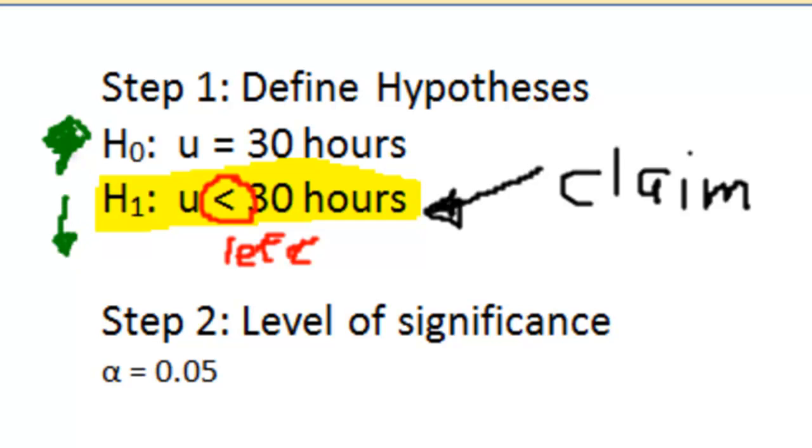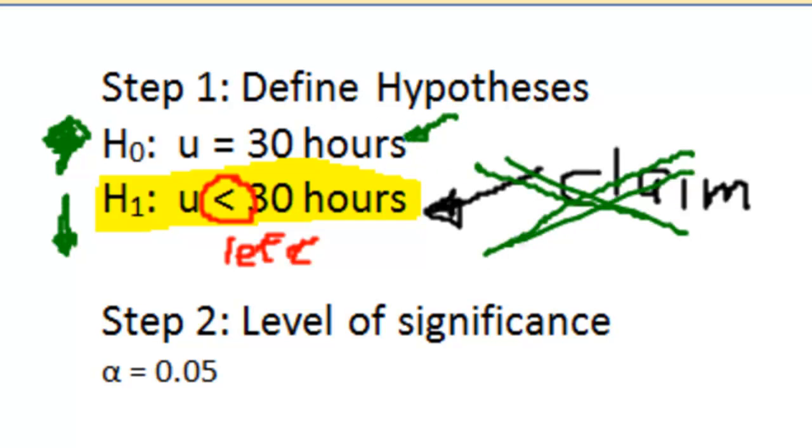It's like a thumbs up on the null and a thumbs down on the alternative. If I point an arrow down on the alternative hypothesis, then I am rejecting this claim. I'm basically saying this isn't true. I'm still agreeing with the null hypothesis here. So I am rejecting the claim.